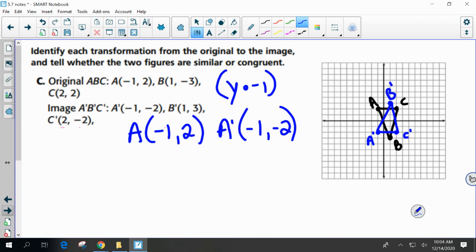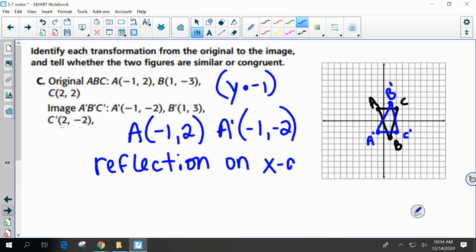Okay, so I agree with you, a reflection across the x-axis, because clockwise 90 degrees involves flip-flopping x and y, but a reflection does not. So reflection on the x-axis would be multiplying every y times -1. So reflection on the x-axis. Is it congruent or similar? Congruent.